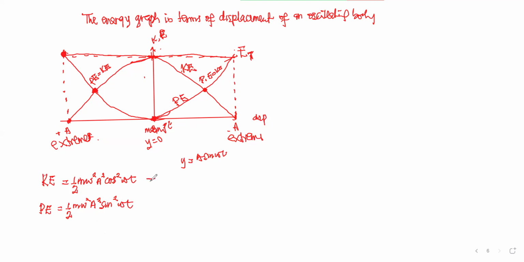Class, we can expand this to half m omega squared A squared, since cos, we can even plot the graph using this. Okay, so let's even use this. Let's not expand.